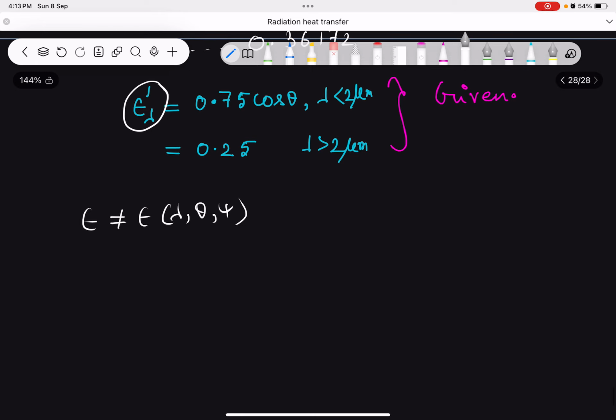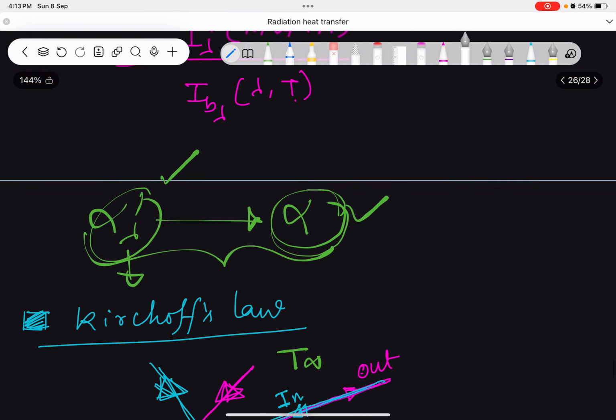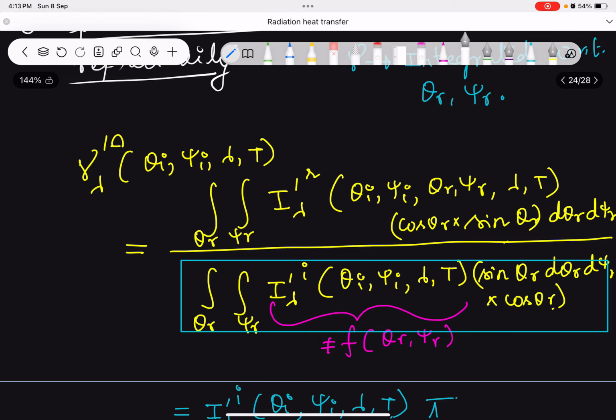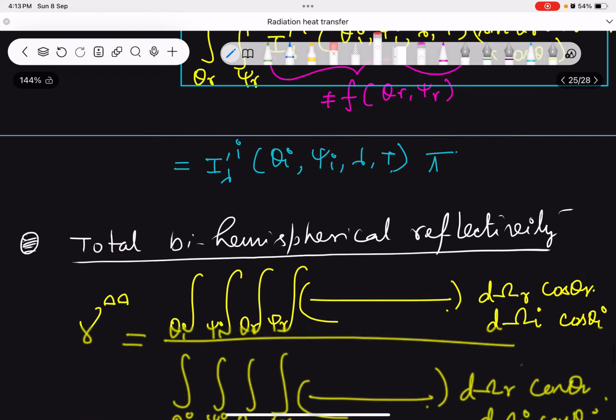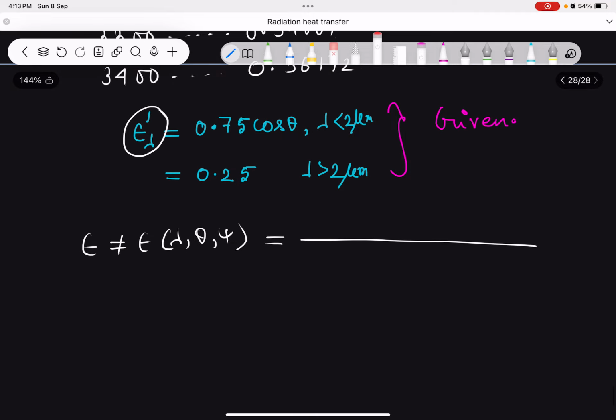I am doing it from scratch again because I don't want you to remember or mug up this large formula. Build everything from scratch. So if I write it again, this is the total hemispherical emissivity.